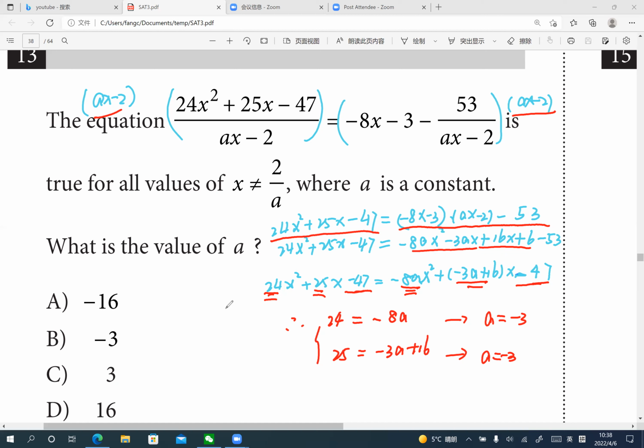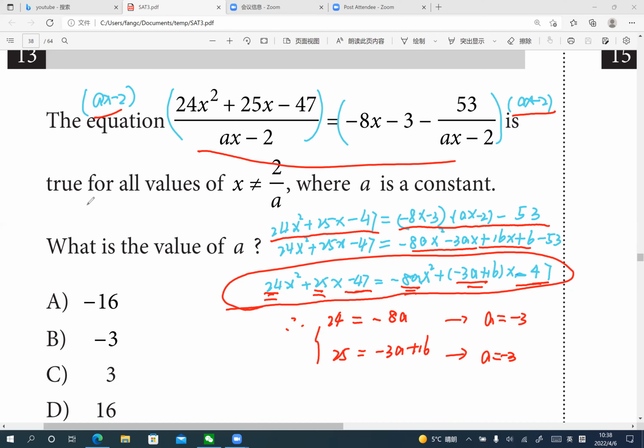Okay, now we see the last equation. After we observe the equation, I think we should be able to recognize that only when the coefficients of both sides are equal, correspondingly, the equation is true for all values of x.